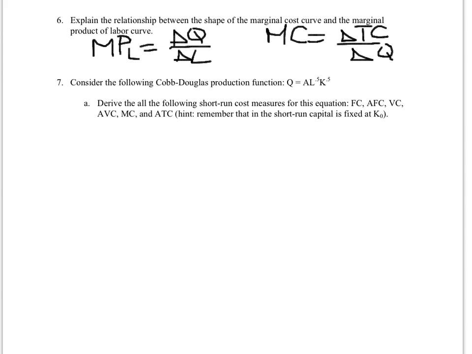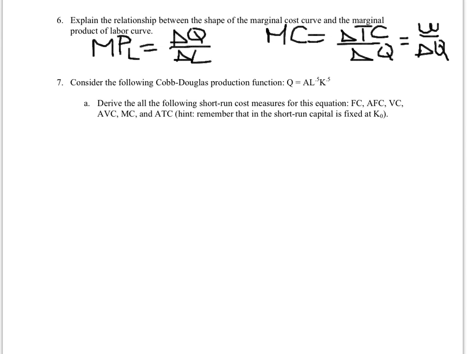Well, clearly here the lower the productivity of labor, the higher the increase of the total cost for every unit of output. Remember that over the short run, the change in total cost is actually the change in variable cost, and the change in variable cost when you change labor one by one is really the wage, divided by the change in output.